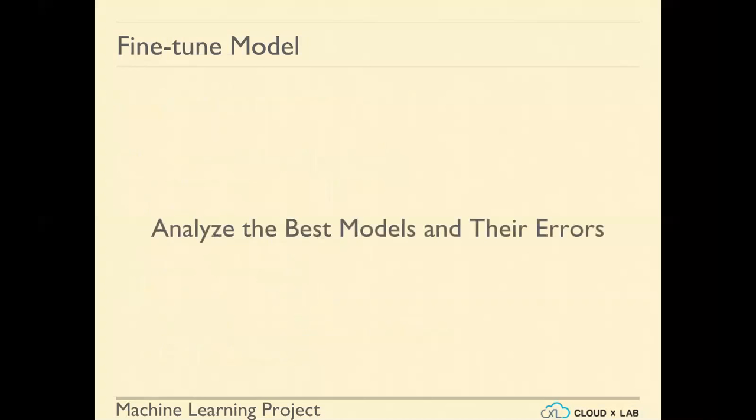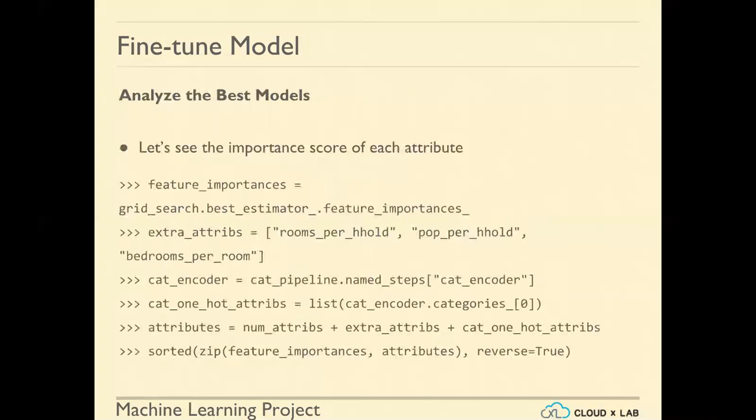Now, let's analyze the best models and their errors. Let's see the importance score of each attribute. In our model, there are many attributes. We had rooms per household, population per household, bedrooms per room, and so on.